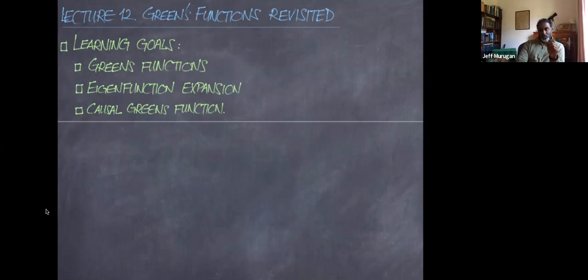So we're going to be focusing on operators and operator methods. So we're going to be thinking of differential equations as eigenvalue problems with some differential operator, just like we've been doing in the last couple of lectures in the first part of the course. Only here, I want to try and use Green's function methods to solve these eigenvalue problems.